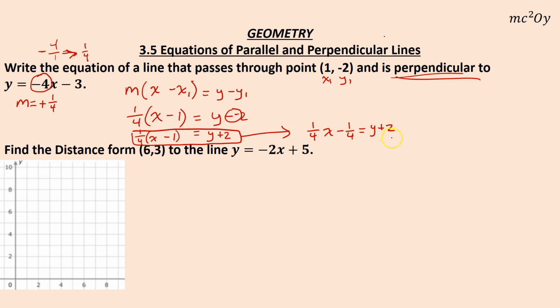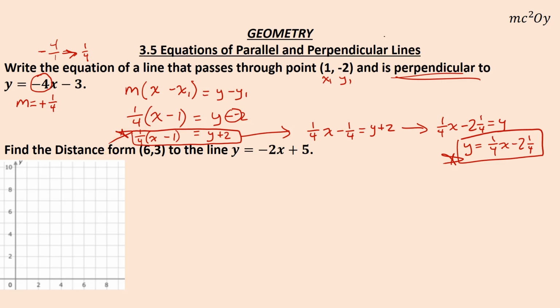And then move that 2 over, so you're going to have to subtract 2 from -1/4. That's going to give you 1/4 x minus 2 and 1/4 equals y. And then rewrite it. Y equals 1/4 x minus 2 and 1/4. I would probably just leave it in point slope form, but if you want to go to slope intercept form, that would be fine as well. Okay?